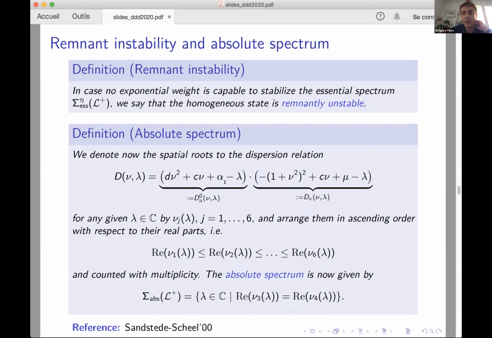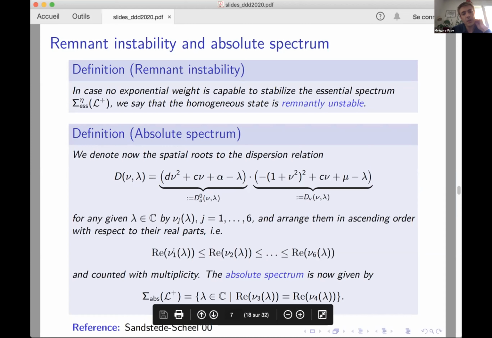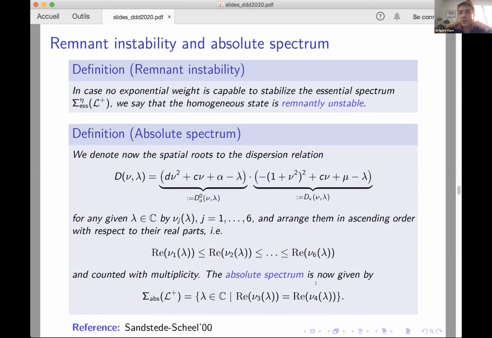You get 6 roots, and each of these roots that I denote nu j, you just arrange them, say, from nu1 to nu6 by increasing real parts. You can always do that, and you count them with multiplicity, and you say that lambda, a complex number, belongs to the so-called absolute spectrum if the real part of the third root counted that way is equal to the real part of the fourth root. And I will explain later on why the absolute spectrum matters.